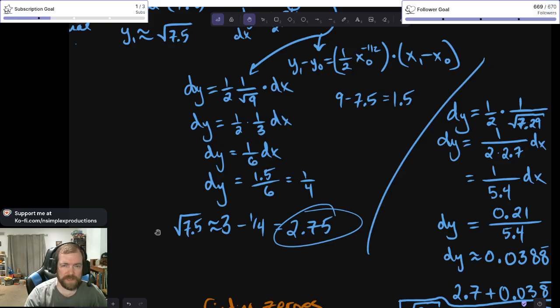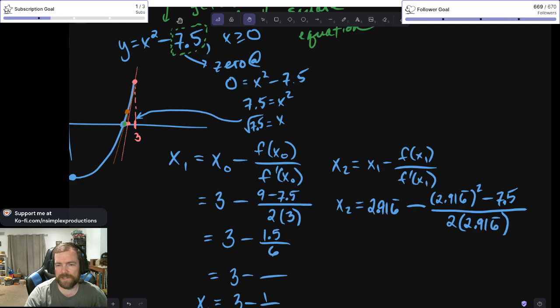Yeah, this is the same formulation. It's just done a little bit different, so it's all good. So here at the bottom we see that this is twice our original x value, the square root of 9 is 3. And our dx was then going to be 1.5, so therefore we end up getting a 4th.